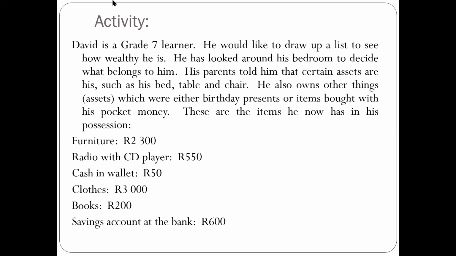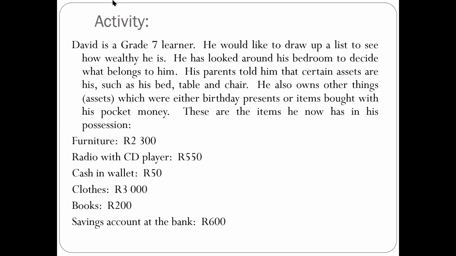So again, we said the furniture in his room is 2,300, plus his radio with a CD player is 550, plus the cash in his wallet is 50, plus the clothes have a value of 3,000, plus books of 200 Rand, plus the amount in his savings account in the bank is 600.